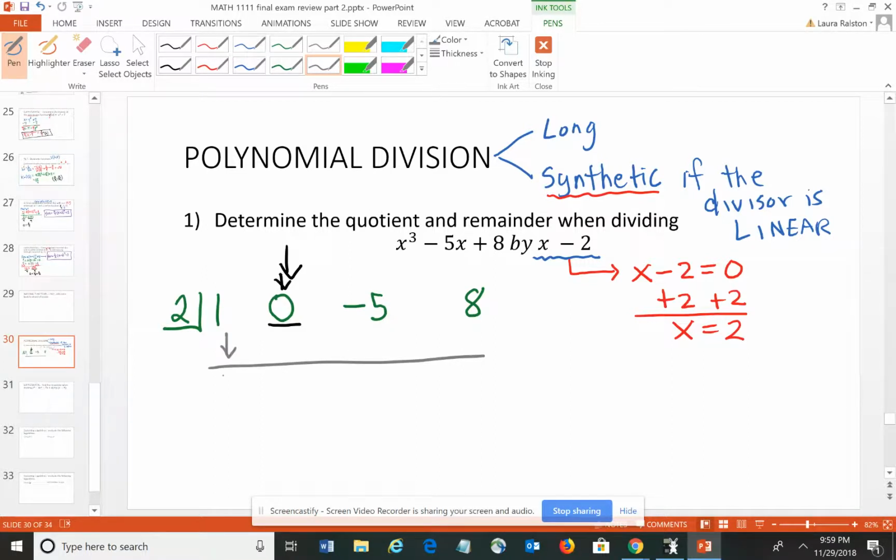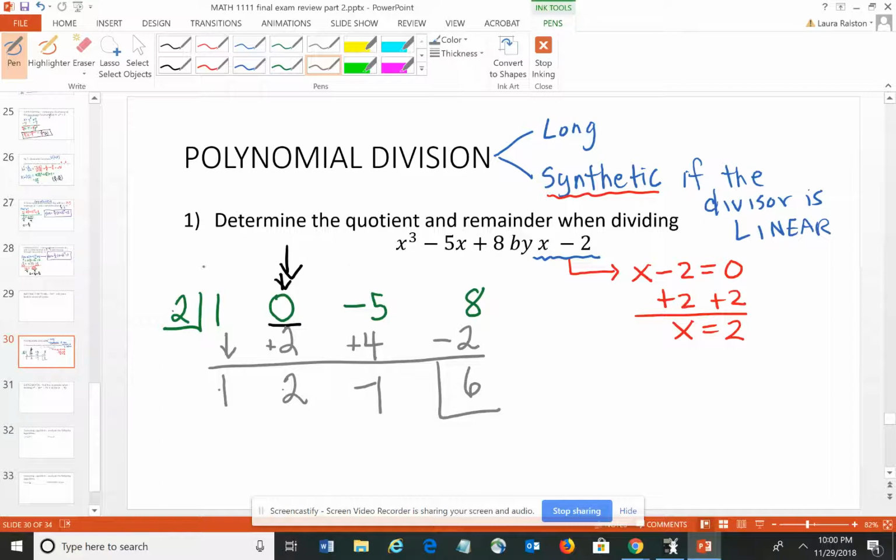Okay, drop the 1. 2 times 1 is 2. 0 plus 2 is 2. 2 times 2 is 4. Negative 5 plus 4 is negative 1. 2 times negative 1 is negative 2. 8 plus negative 2 is 6.